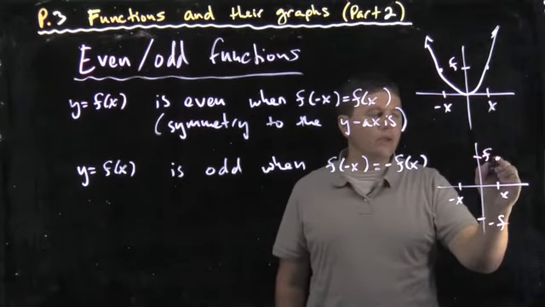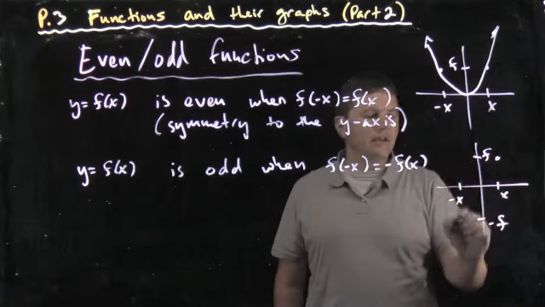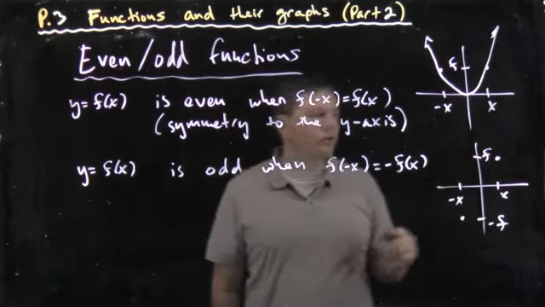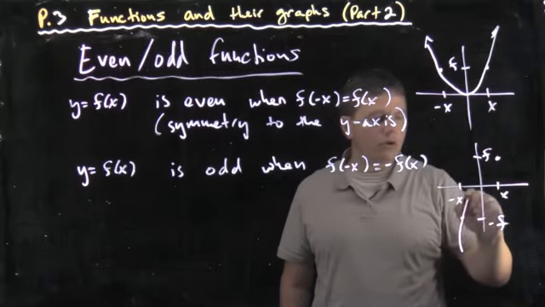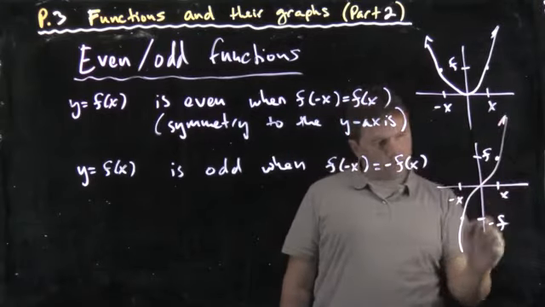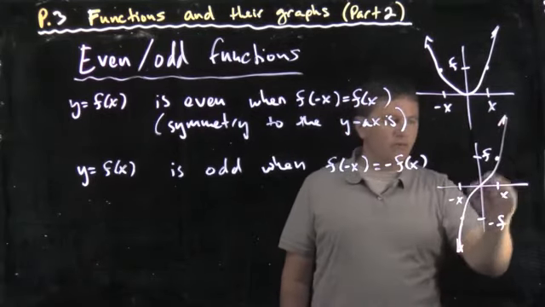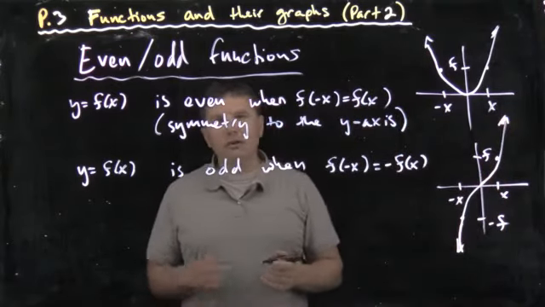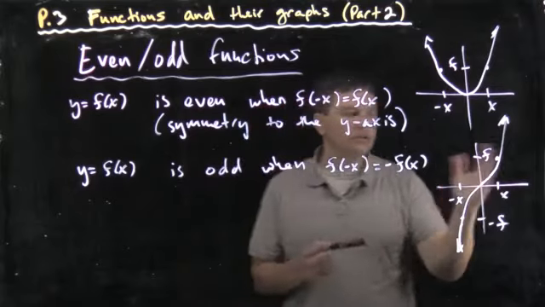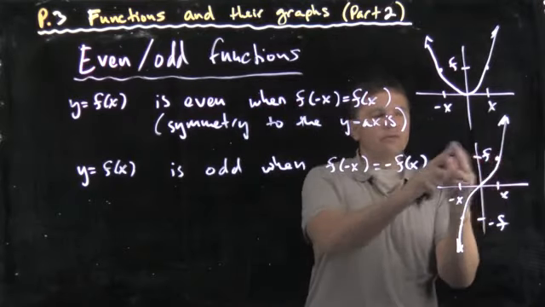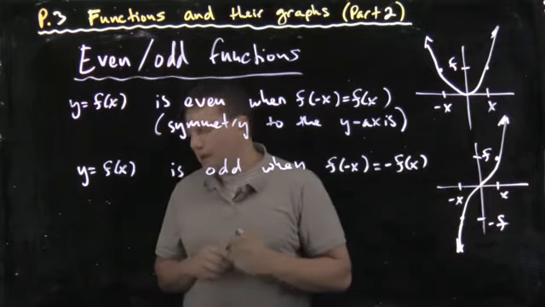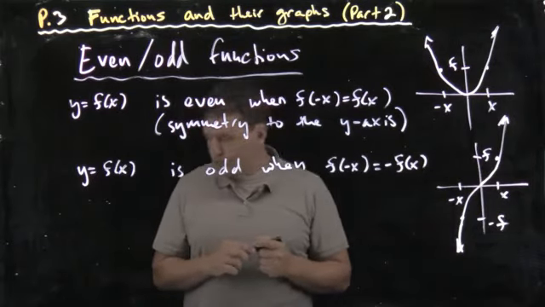If we take this point here, okay, it's going to end up here. So this is what we call symmetry to the origin. So for instance, with y equals x to the third, not the best graph, but hopefully you get the point. Sort of that diagonal symmetry. Okay. If you ever get confused with odd functions, if you take the point and reflect it over the y, then the x, and it ends up back into itself, that would be an odd function, symmetric to the origin.